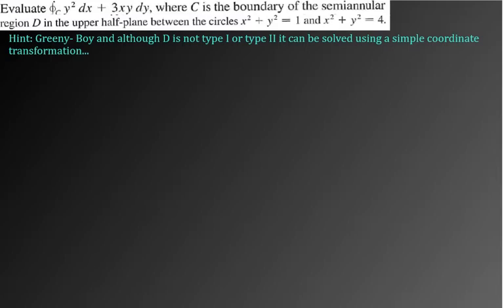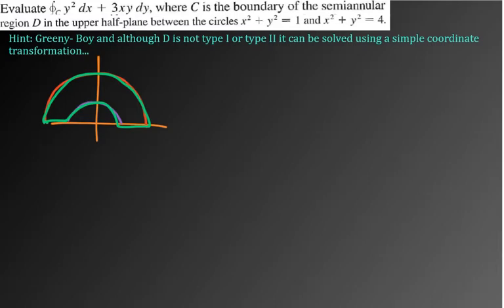Fancy way to basically say you've got a circle with radius 1, and then a circle of radius 2. C is the boundary of that whole thing there.